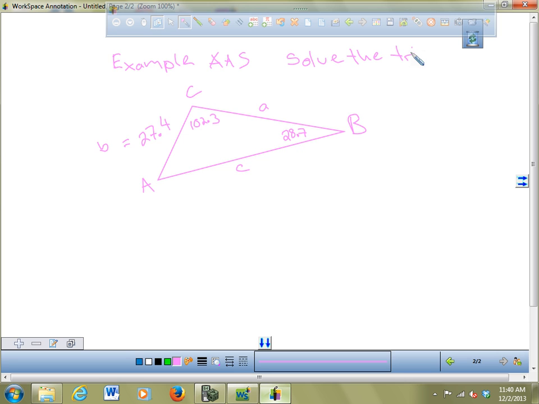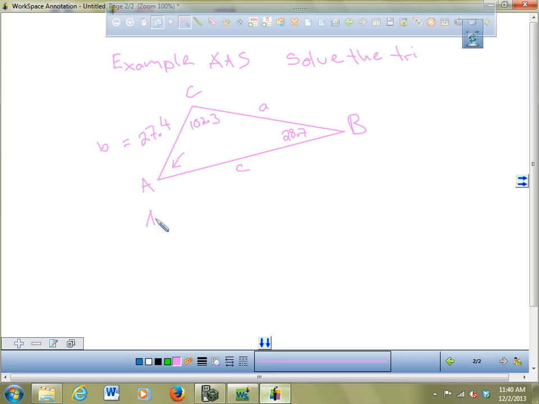All right. So to do that, you have to find this angle right here, which would be easy to do. That's what I would do first, because that doesn't involve much math. How would I find that angle? Those have to add up to 180.